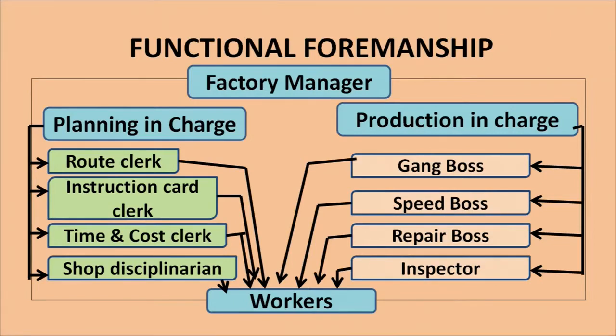Similarly, under the production division, he identified four major experts: gang boss, speed boss, repair boss and inspector. Now let us understand the role of these 8 specialists or experts identified under functional foremanship.